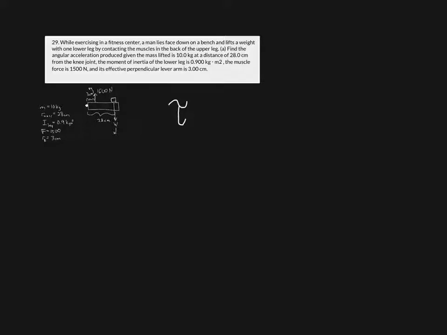And I know the torque, from Newton's second law in the rotational version, is equal to I times alpha. And there is the alpha that I'm looking for. So if I shuffle this around, do some algebra, I can find that alpha has to be equal to the total torque acting on this leg divided by the total moment of inertia of this leg.